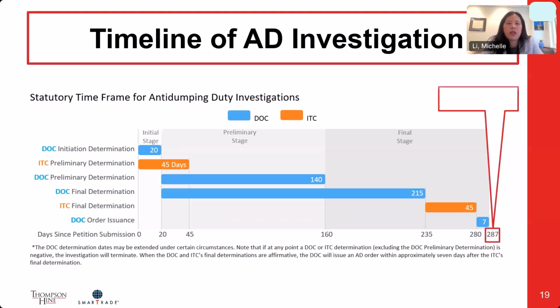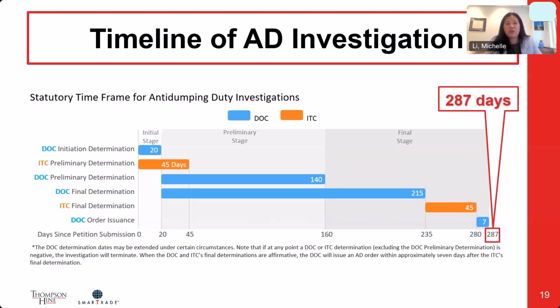And looking at this timeline of the AD investigation, starting from day one, when the petition has been submitted, unless it's extended, we're looking at 287 days, roughly 300 days, to finish an AD investigation. And you can see here that it takes around 20 days for the Department of Commerce to initiate the petition.